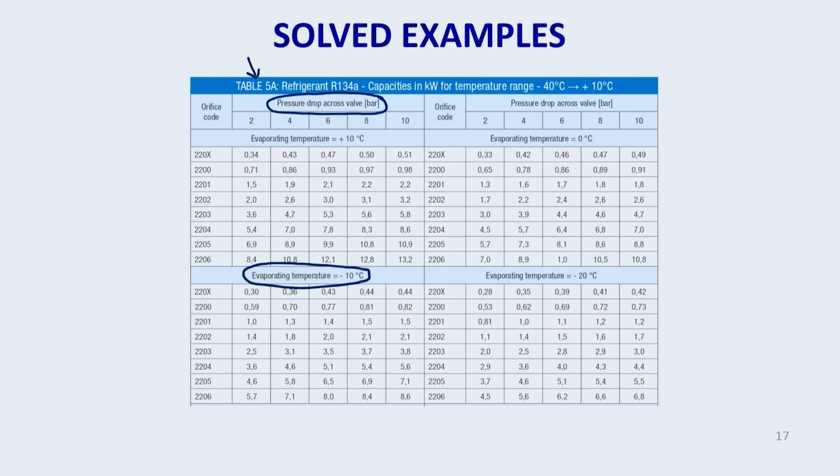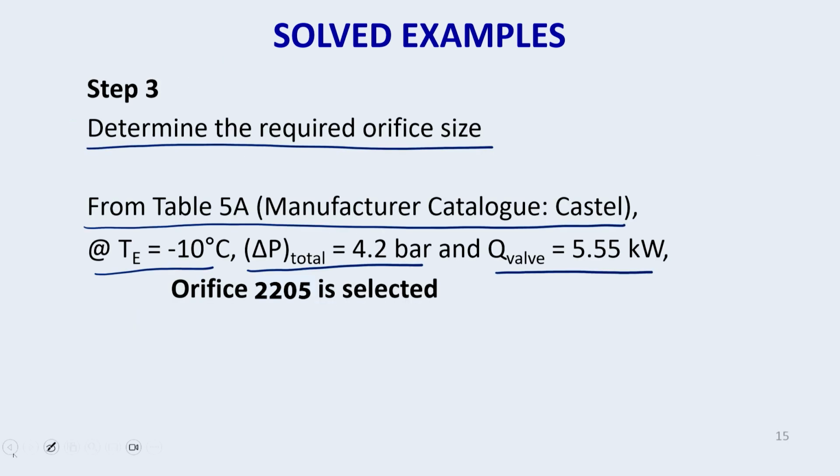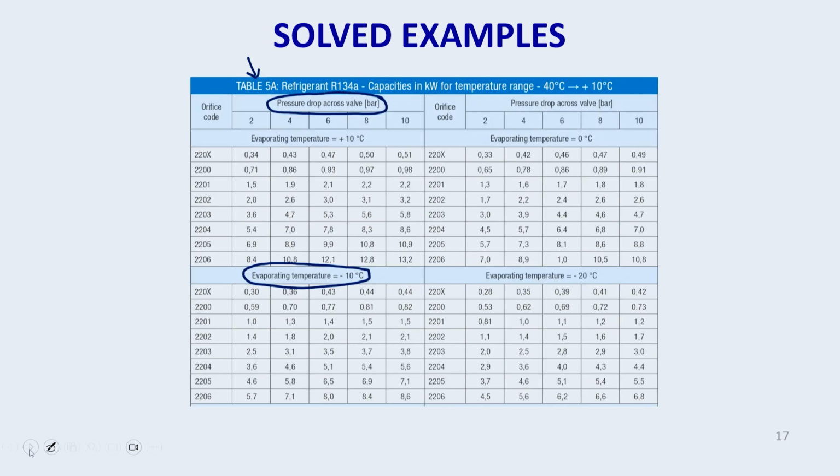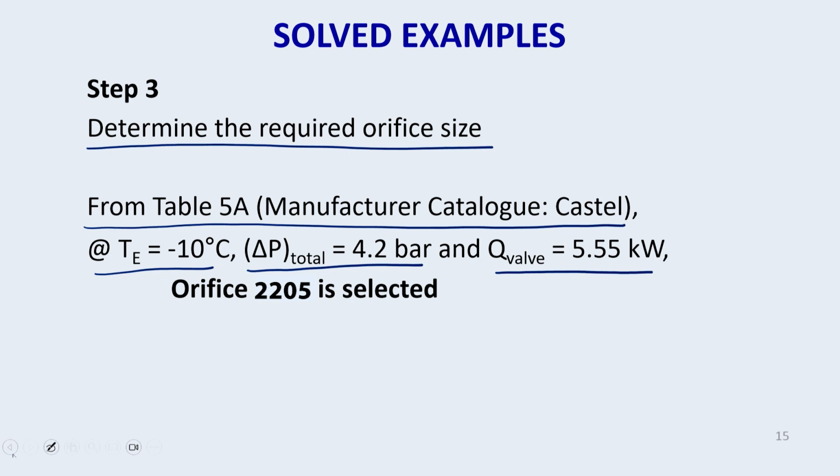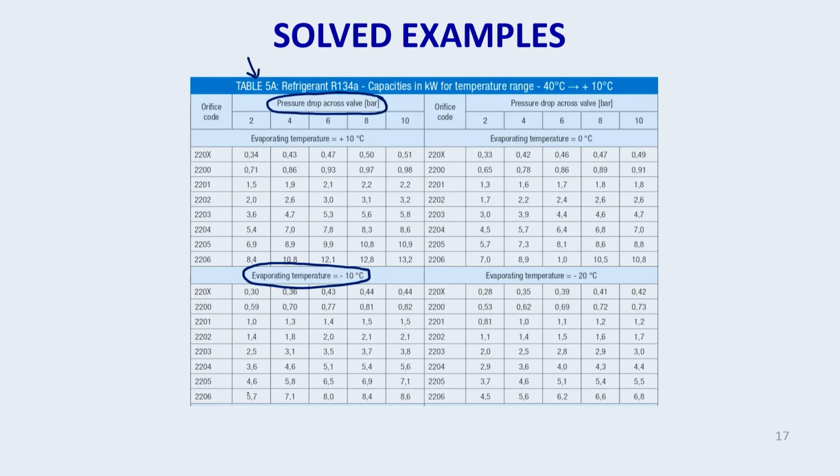The total pressure drop is 4.2 bar and valve capacity 5.55 kilowatt. The orifice code is 2205. The calculated pressure drop is 4.2 bar, so it comes around here.